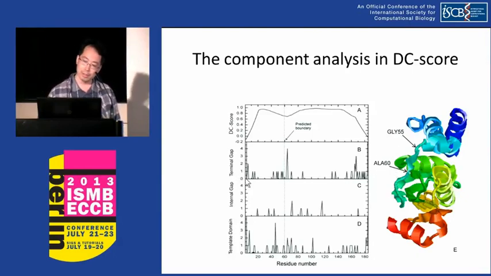From the aligned template, we can find the pictures B, C, D, which are the distribution of the terminal gap, internal gap, and template domains. If we depend on these three pictures alone, we can't tell which position should be used to cut the sequence into several domains.